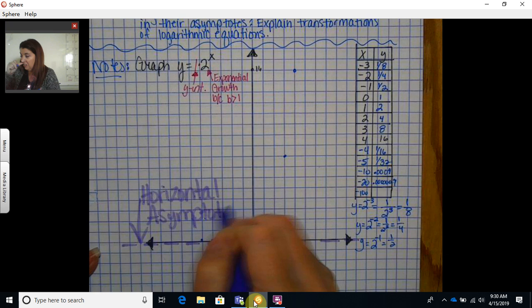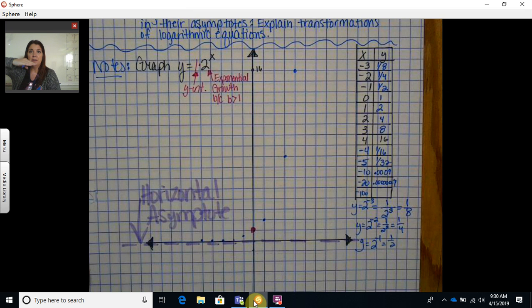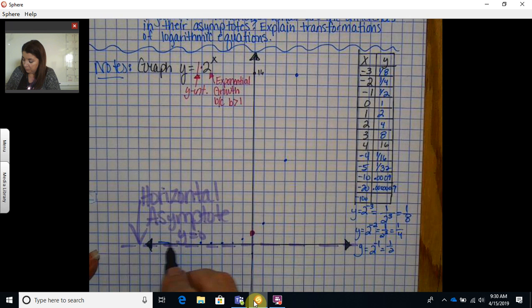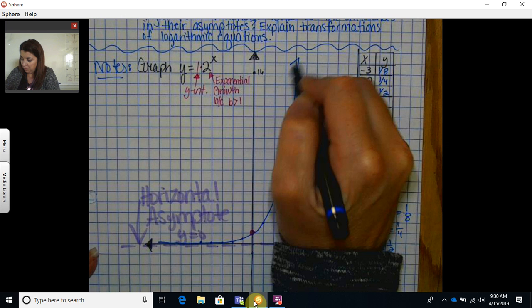Y equals 0, because it's a horizontal line. So horizontal is always y equals, right? Wherever it crosses the y-axis, and it crosses the y-axis at 0. So when we graph exponentials, you're going to have an asymptote. It may not be at y equals 0. That asymptote can move up or down. But this is just a basic exponential function.